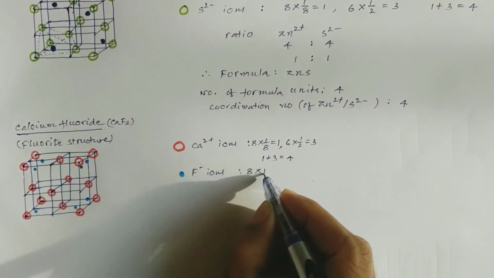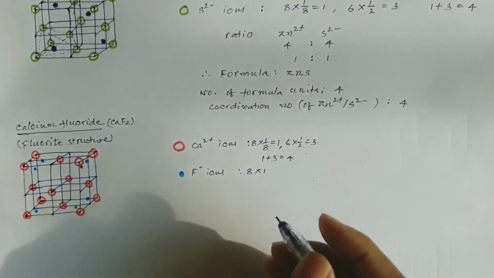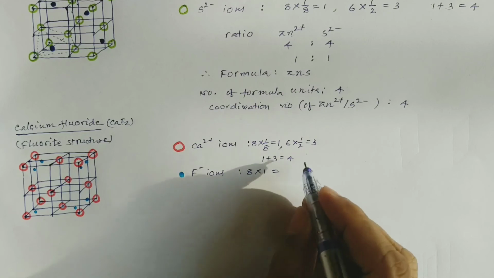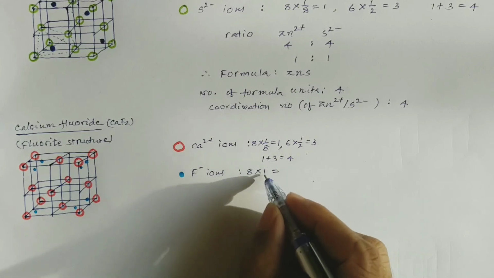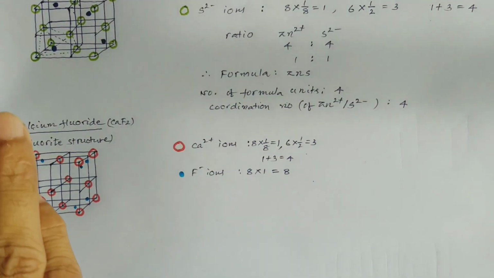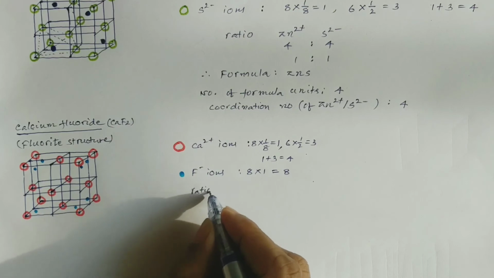8 into 1. The tetrahedral void belongs to one unit cell only, right? So the tetrahedral ion is not shared by any other unit cell. So the total contribution goes to one unit cell. So 8 fluoride ions are there. So what is the ratio of calcium and fluoride ions?